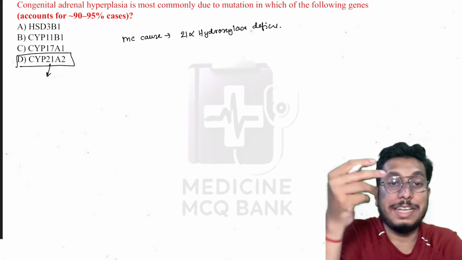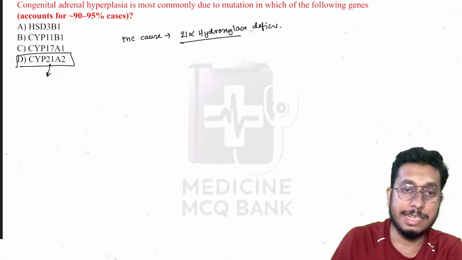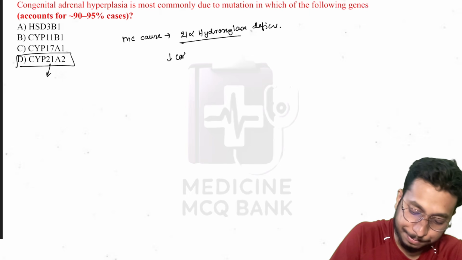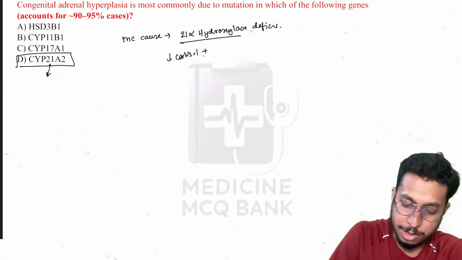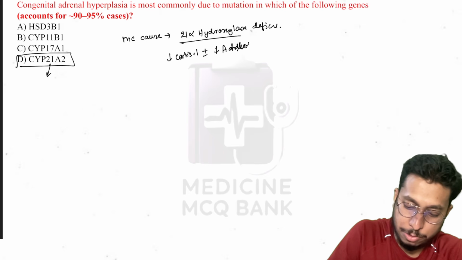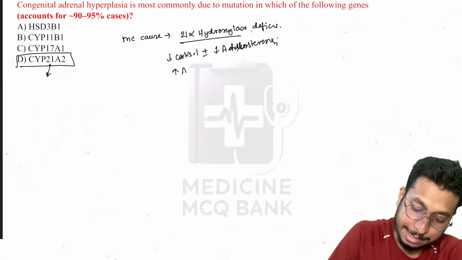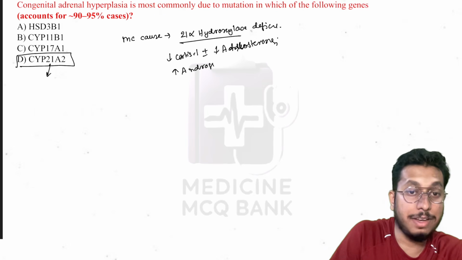Now some quick facts: the enzyme deficient here is 21 alpha hydroxylase. What does it lead to? A decrease in cortisol, plus or minus a decrease in aldosterone, along with an increase in androgen. So what will the effect be?